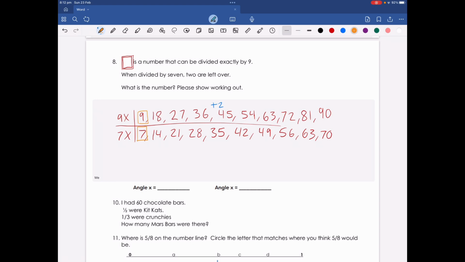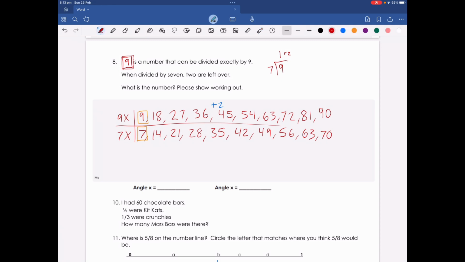So 9 is a number that can be divided exactly by 9, of course. When divided by 7, 2 are left over. So we've got goes once, remainder 2, right? What is the number? Please show your working out. This could be your working out.